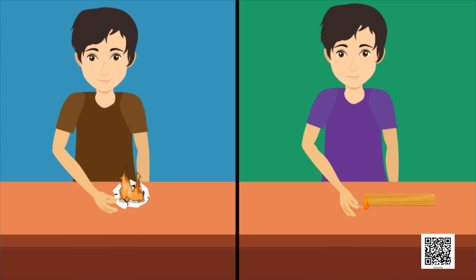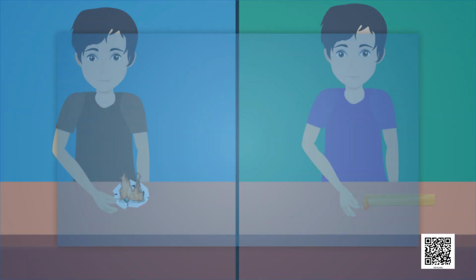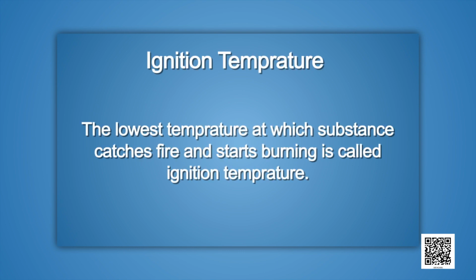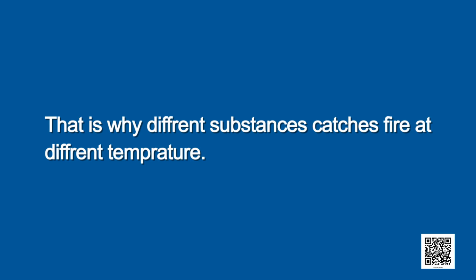It means the piece of wood does not reach its ignition temperature. So, dear students, the lowest temperature at which a substance catches fire and starts burning is called its ignition temperature. That is why different substances catch fire at different temperatures.